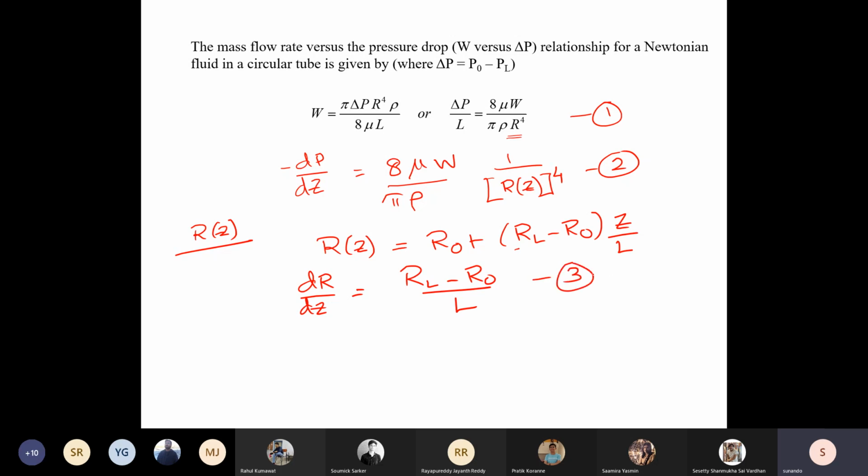So these are the 3 equations, and then we need to bring in the pressure as a function of R. This is something which I would like to evaluate. If I use equations 2 and 3 together, maybe I go to the next page.